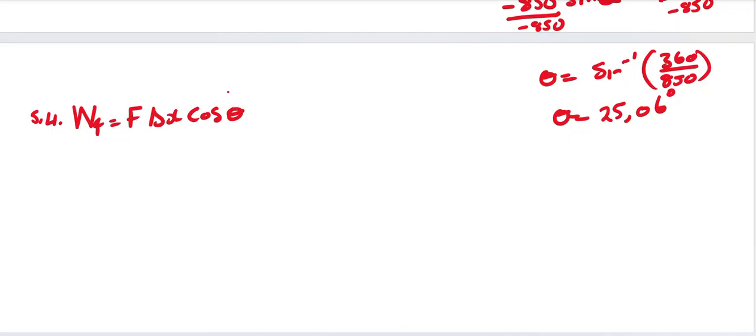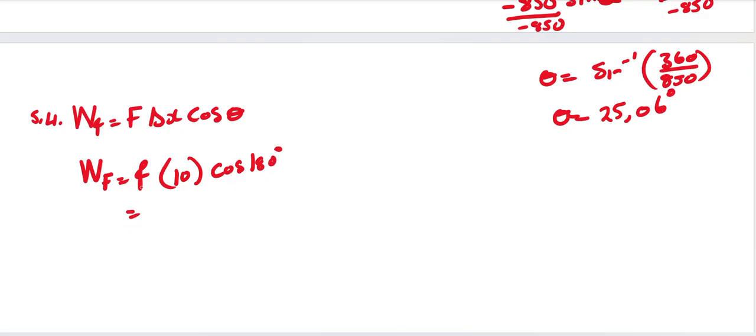We know that cos of theta here is cos of 180. We know that our change in x is 10. Let's substitute again. Work done by friction. What's our frictional force? We don't know it. Change in x, the distance, they say is 10. And then it will be cos of 180 degrees. Do you get me?